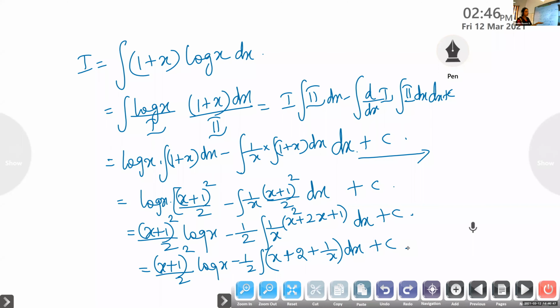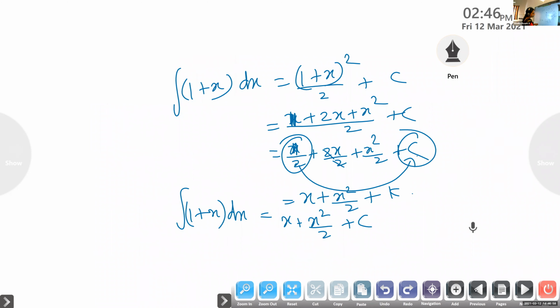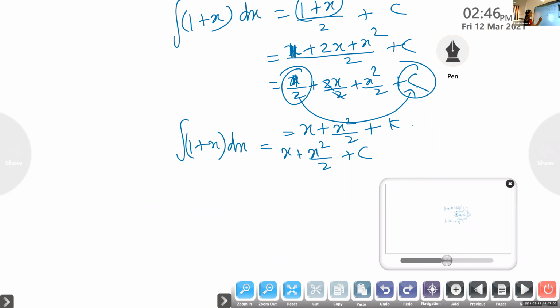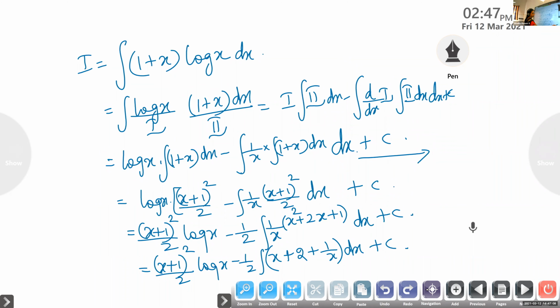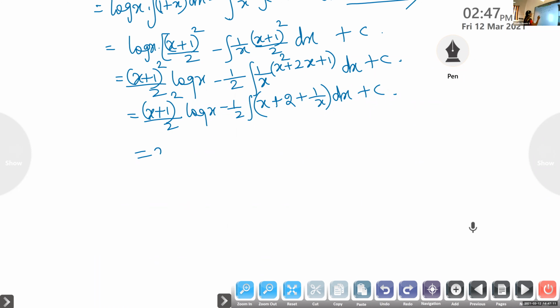Now, here we don't want to use integration by parts. We can do it by direct formula, isn't it? These are simple functions. So when you integrate this, what will you get? x plus 1 the whole square by 2 log x minus 1 by 2 into the integral of x, which is x square by 2, plus 2x.